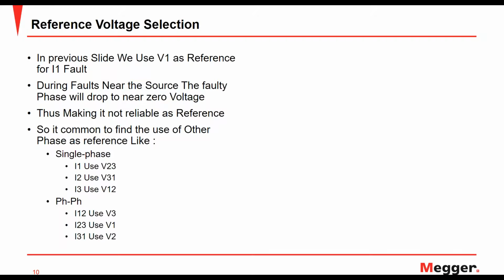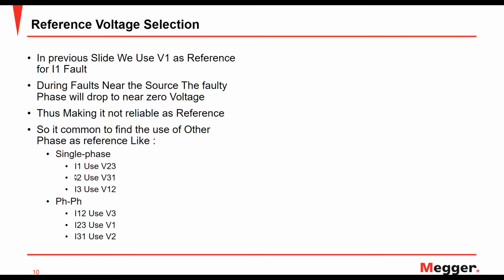When a fault happens near your source or near your bus bar, the VT will see this voltage very, very small because it's seeing like a short circuit in front of it. So this leads us to having a poor magnitude or unreliable magnitude and phase angle of my voltage input. That's why it is better to use the other phases for reference for your respective phase.